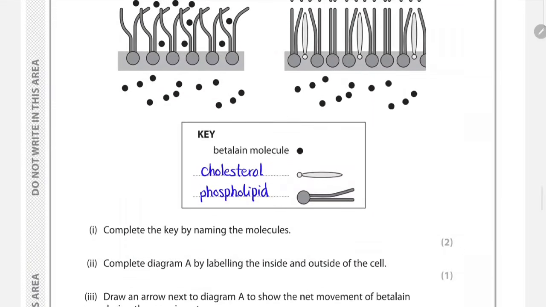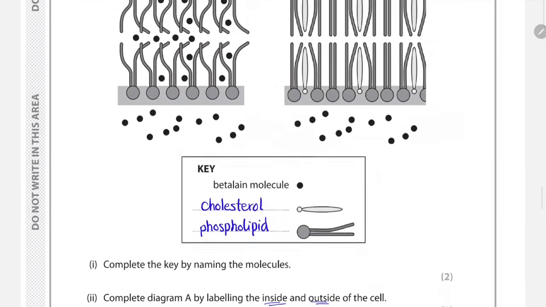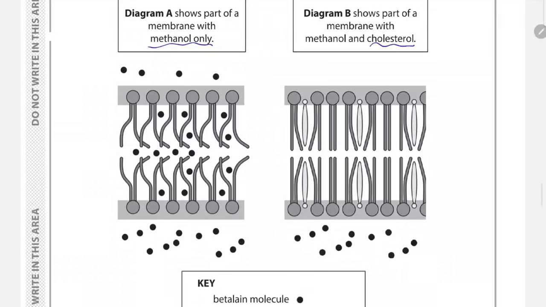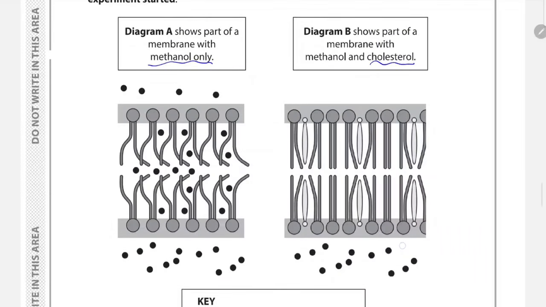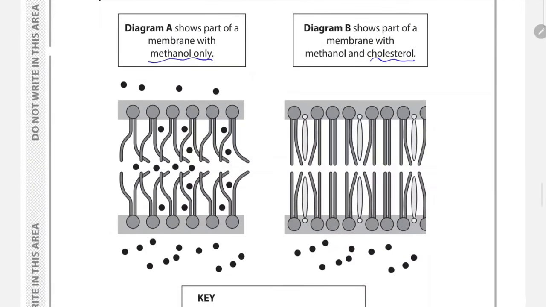Complete diagram A by labeling the inside and the outside of the cell. For diagram A, I can't really know what is the inside and what is the outside. But I can take a look at diagram B, which has the correct permeability that a membrane should have containing cholesterol.